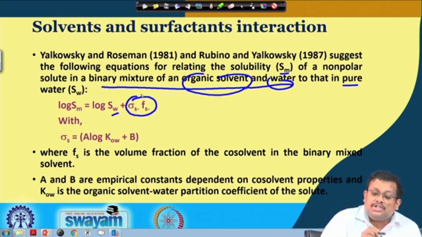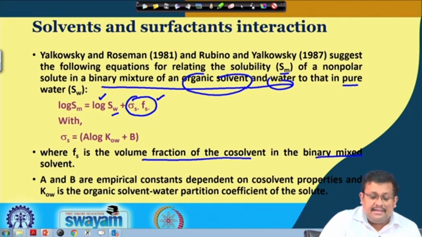Again, the solubility of a nonpolar solute in a binary mixture of organic solvent and water can be expressed in terms of a summation of its solubility in pure water plus this term, where sigma can be denoted by A log KOW plus B, and Fs is the volume fraction of the co-solvent in the binary mixed solvent.